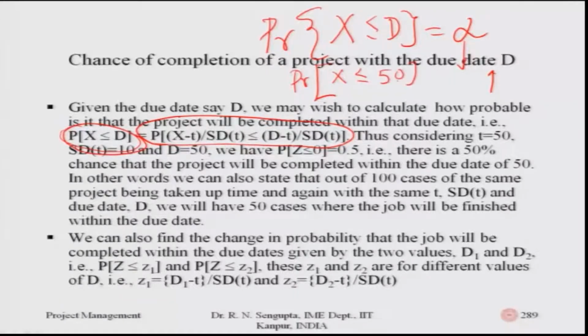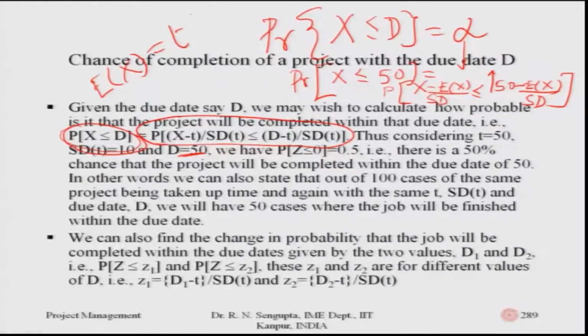So, this 50 is equal to, I want to find it out. So, what I need is the probability of x minus its expected value, divided by the standard deviation, less than or equal to 50 minus the expected value, divided by the standard deviation.